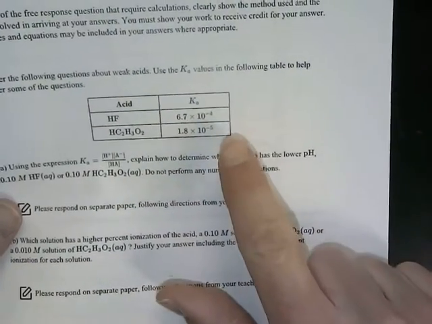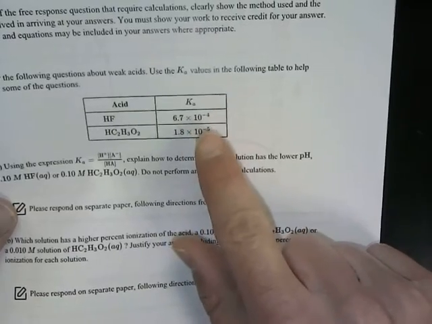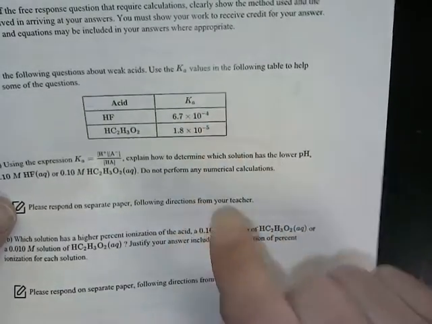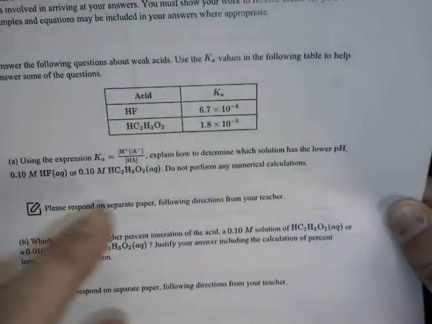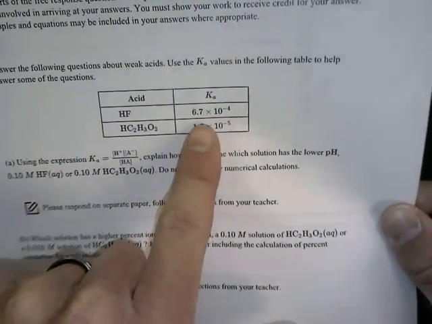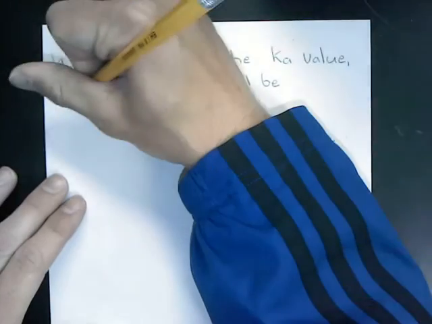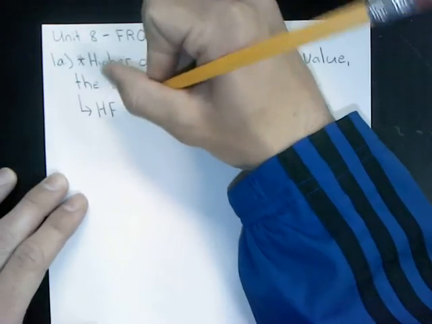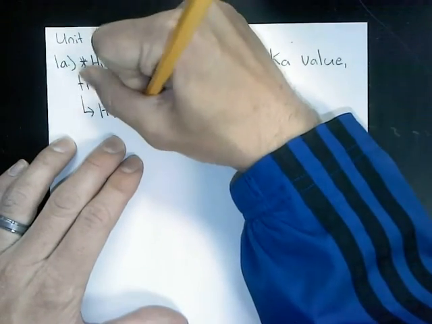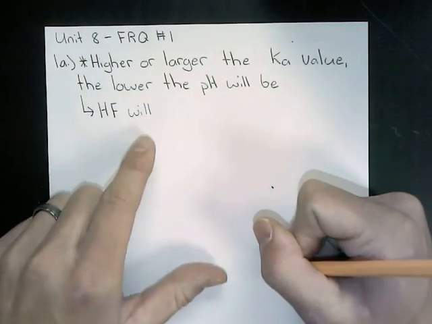And so if we take a look back at our Ka values listed here, remember, we're dealing with that negative exponent. So if we recognize which value is larger, we notice that HF would actually have the larger Ka. So HF has the larger Ka because that value is the biggest of those two.